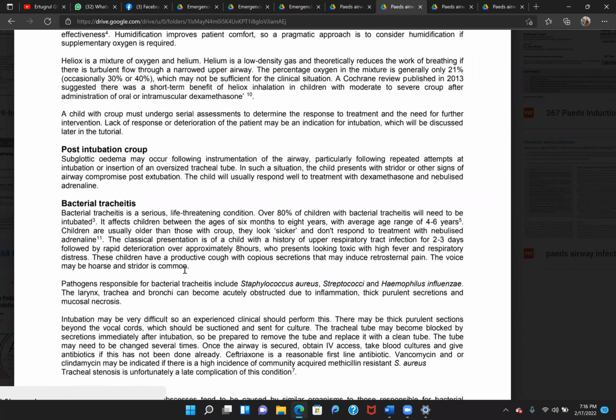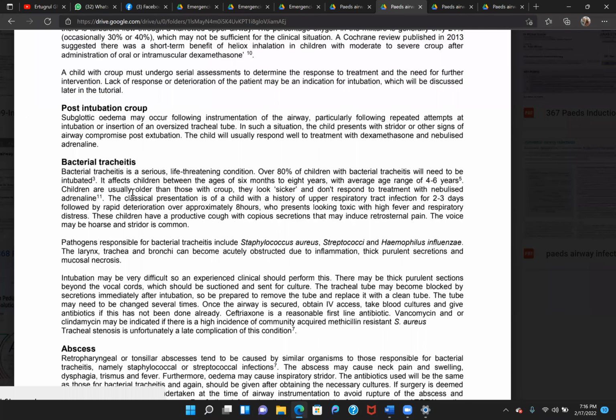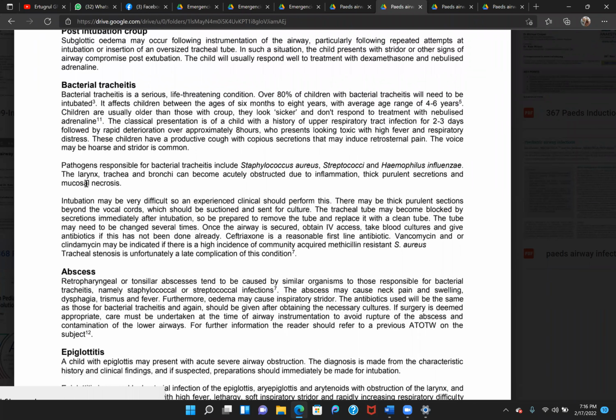In bacterial infection, we will be using antibiotics. Even in viral infection, because of a coexisting bacterial infection, you can use antibiotics as well. Similarly, this is true for abscesses, retropharyngeal or parapharyngeal abscesses. You should have a low threshold for intubation.